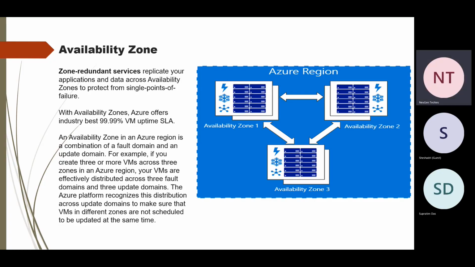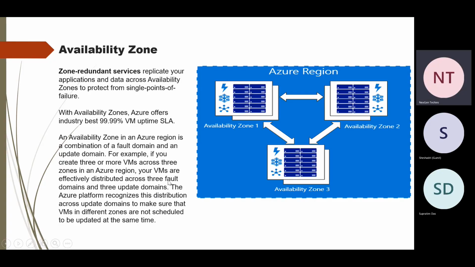If you create 3 or more VMs across 3 zones in an Azure region, your VMs are effectively distributed across 3 fault domains and 3 update domains.